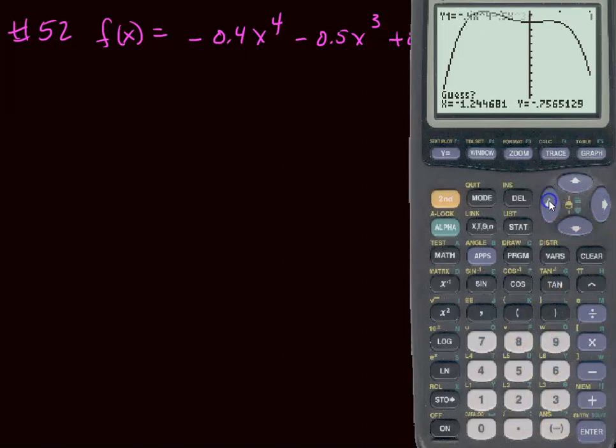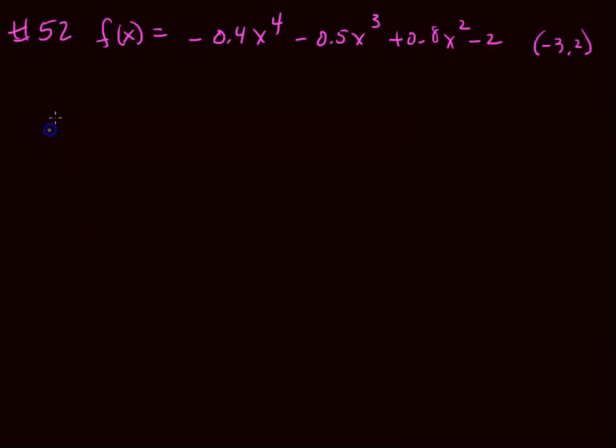And then the guess, I don't know, someplace up here. Press enter. So, the maximum is at, did they say how many places? 2 decimal places. -1.57 and -0.52.